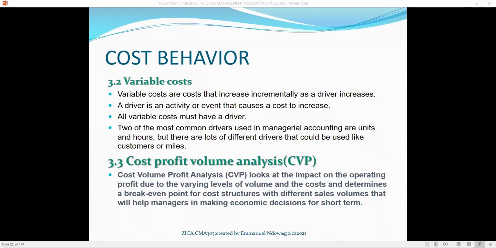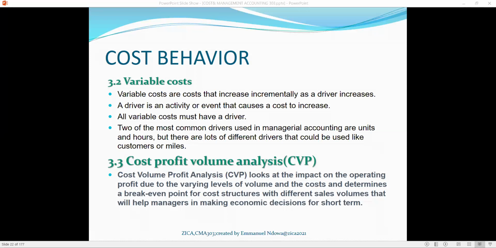For instance, if there is direct labor, you can actually see that if our cost driver is hours, when you spend more hours in the work, you can be in a position to have much more cost than when you are working a few hours.